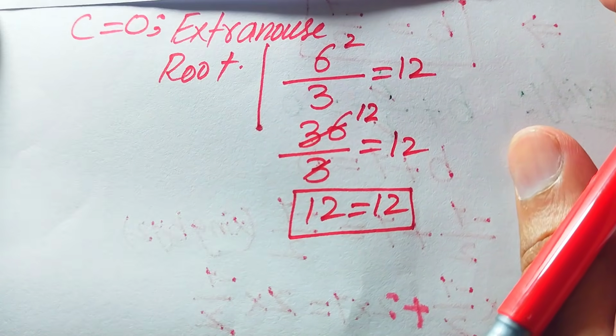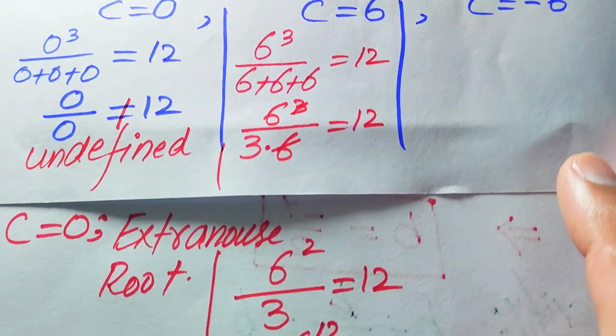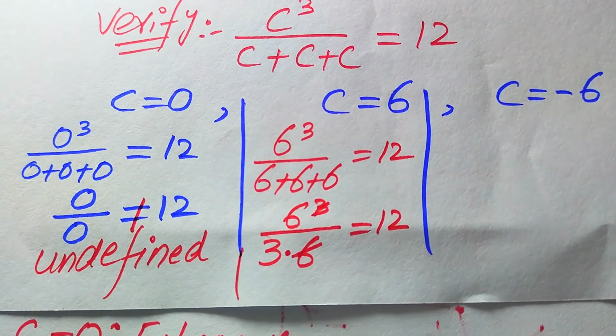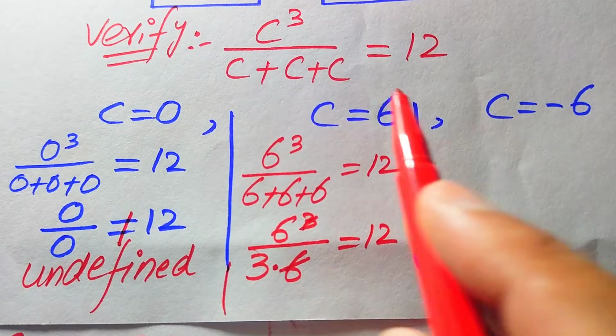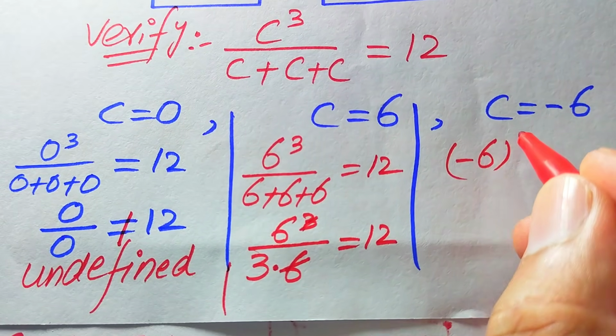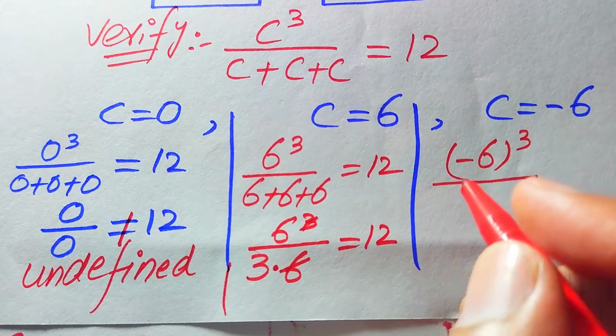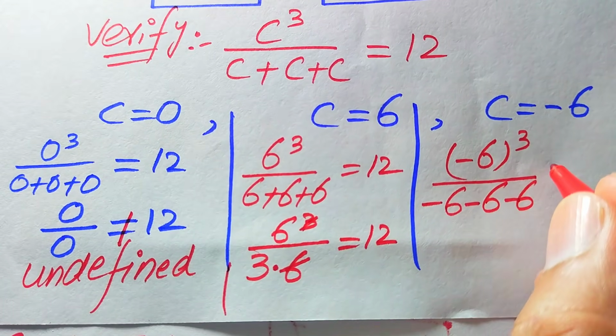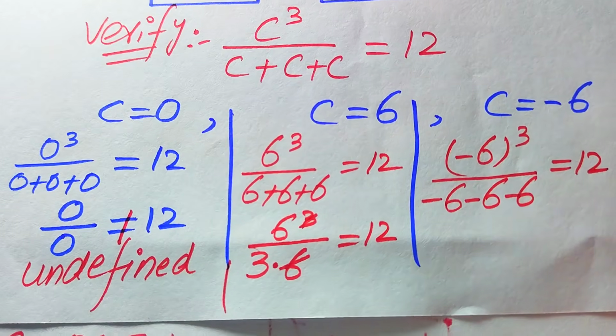Here in the same pattern, we verify the third value of c. When we put this value of c into the left hand side, it is written as minus 6 cubed divided by minus 6 minus 6 minus 6 equals 12.